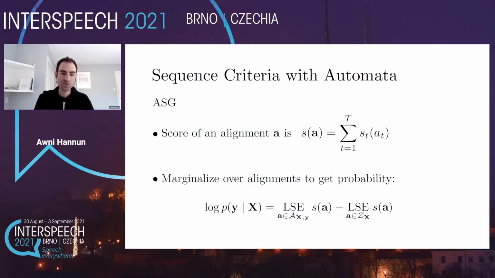When we sum over them, we're in log probability space, so we actually do a log sum exp over the scores of the alignments. And then we normalize so that we get a valid probability by the score of all possible alignments of length 5, which are unconstrained by the output. So all possible sequences of the same length as the input would go into that second term. That's the normalization term.